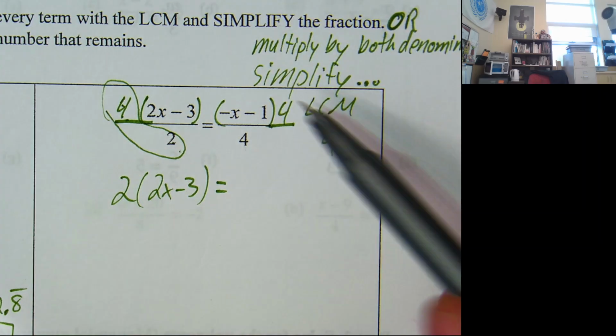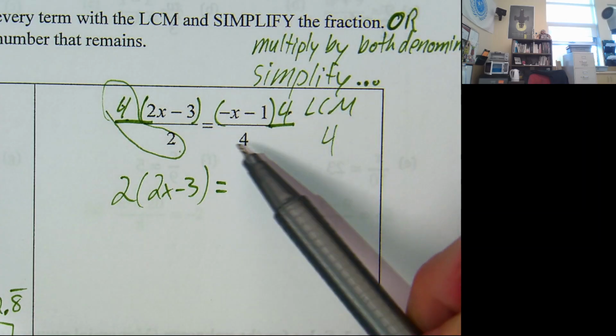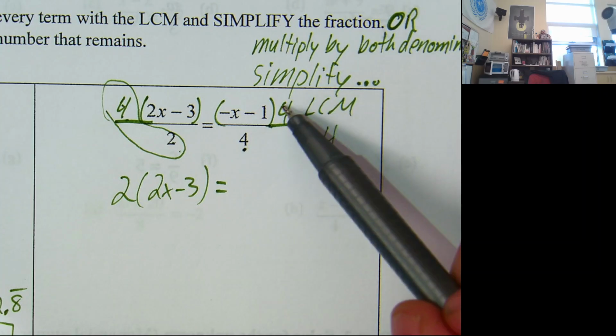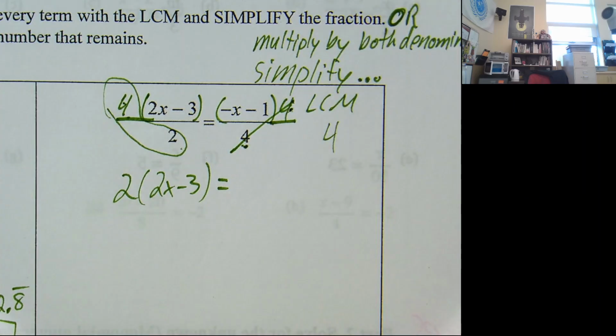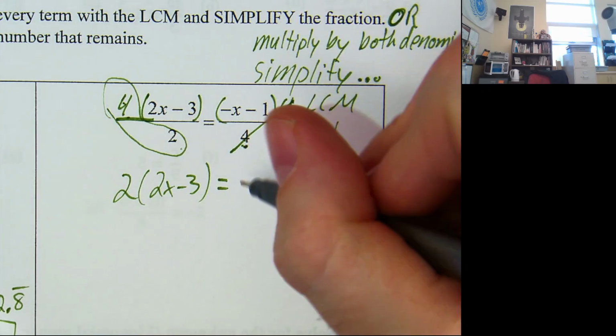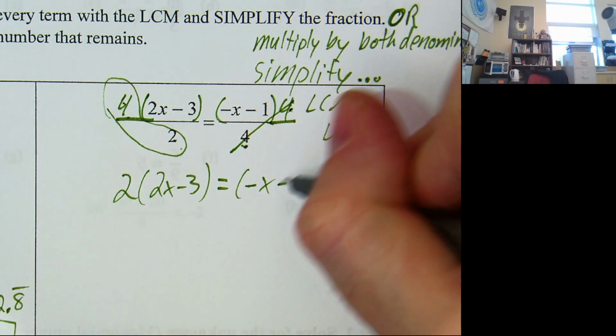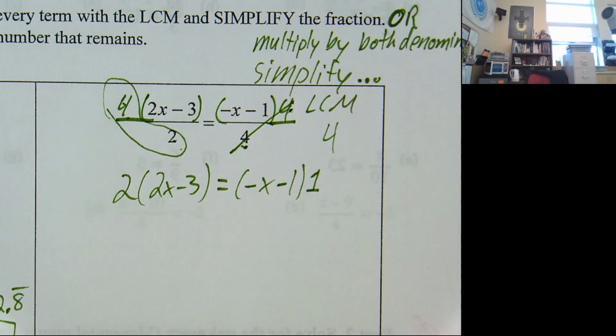On the right-hand side, I've got multiplication by 4 and division by 4. So what's going to happen with these two 4s? Those guys are going to cancel because 4 divided by 4 is 1. So what I'm going to be left with here is negative x minus 1 times 1.